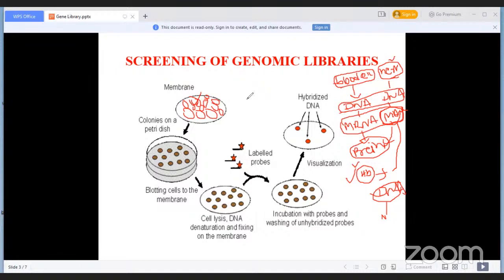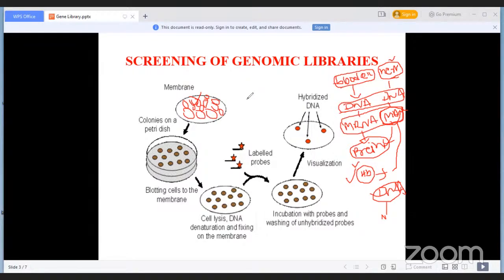That means, as already told, only the functional genes we selected in the form of cDNA. A genomic library contains both coding and non-coding regions, right? What about cDNA? Only coding sequence in the form of exons only.